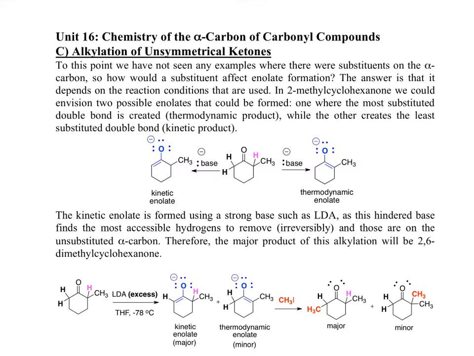So here we've got an example. Here we've got a methylated cyclohexanone, and we have this purple hydrogen here and these two black hydrogens there. And if we treat this with base, we have the possibility of getting two enolates. An enolate here, on the unsubstituted side, or an enolate here on the substituted side.